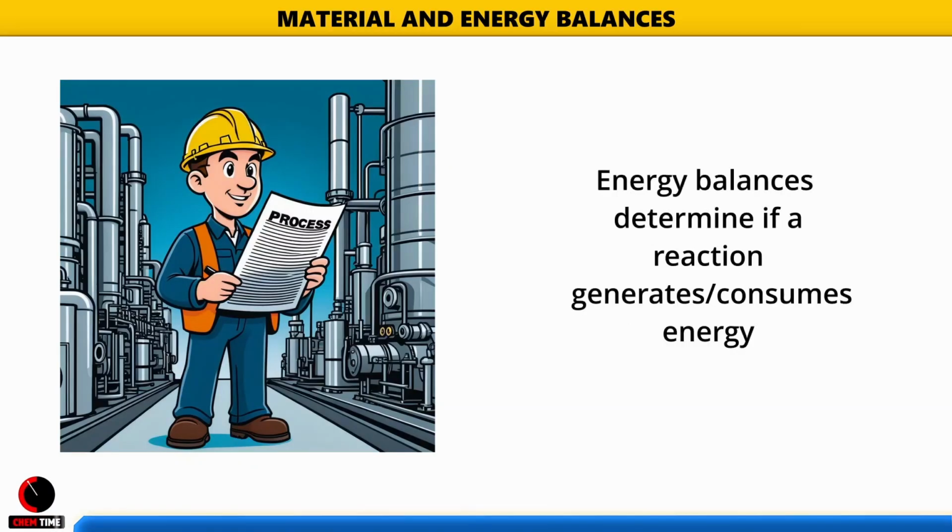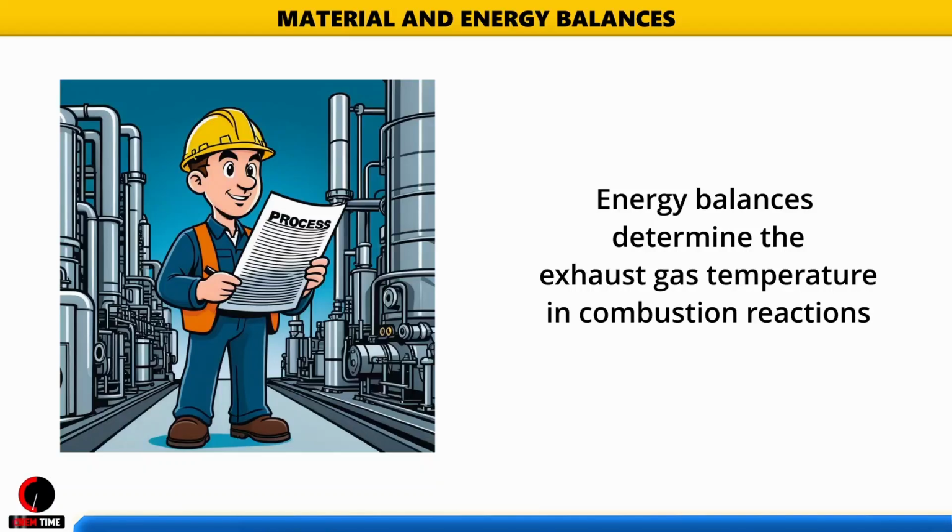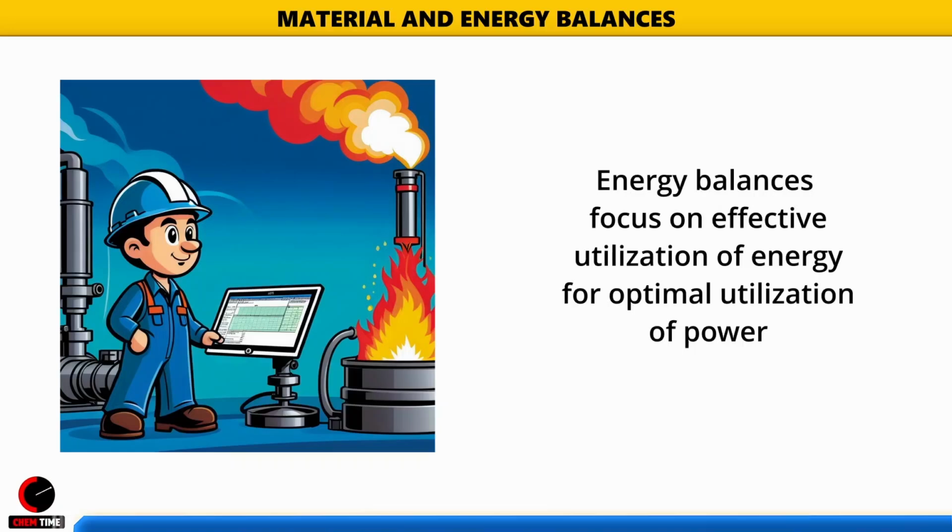And energy balances deal with whether the reaction generates energy or needs energy, or what would be the exhaust gases temperature when reactions involving combustion are conducted, and how effectively the energy can be utilized so as to optimize the use of power.